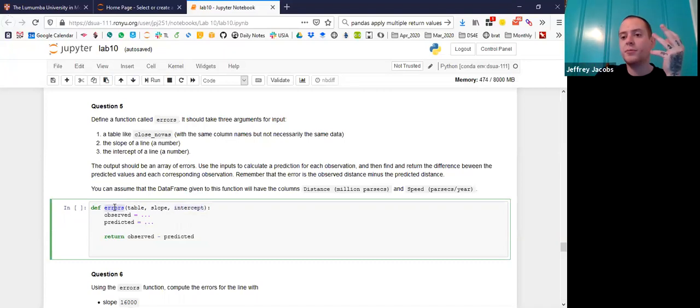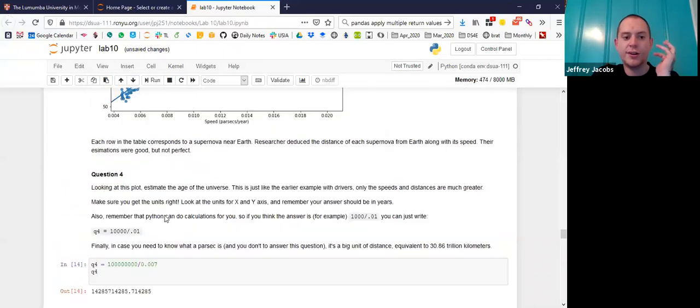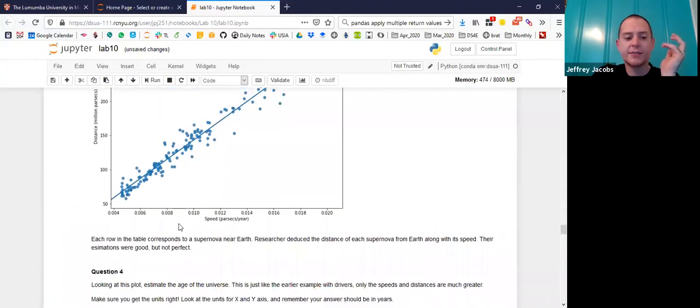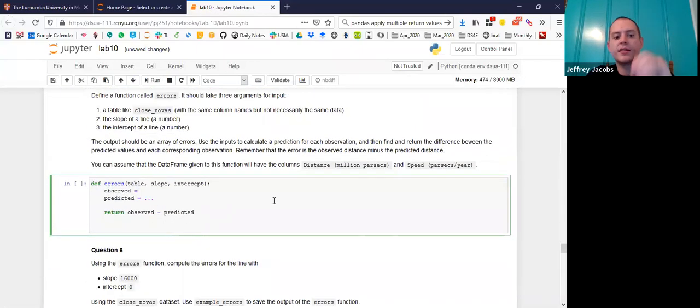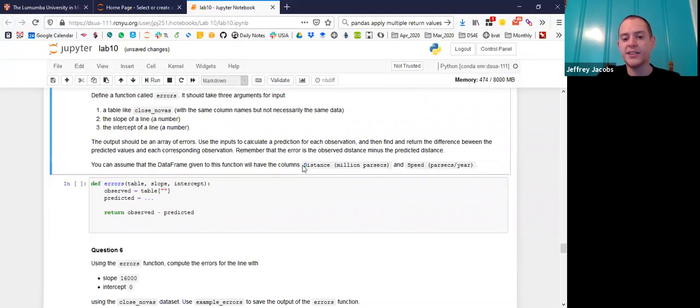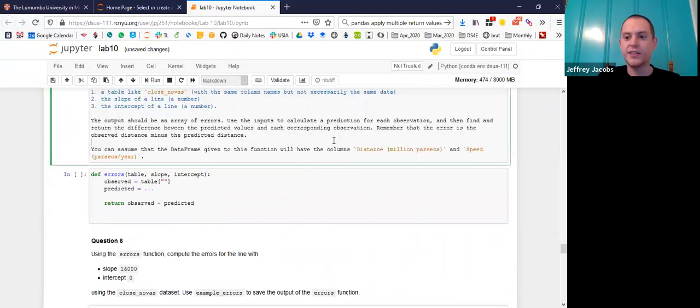Errors, you're trying to see how bad the errors are of this line. So what we can do is say, okay, our observed y variables, our observed distances, we just go into the table and take this variable, right? The table actually has the observed distances in it.